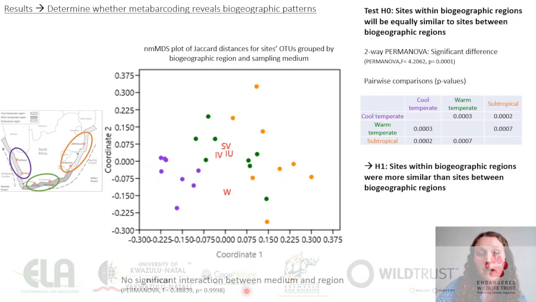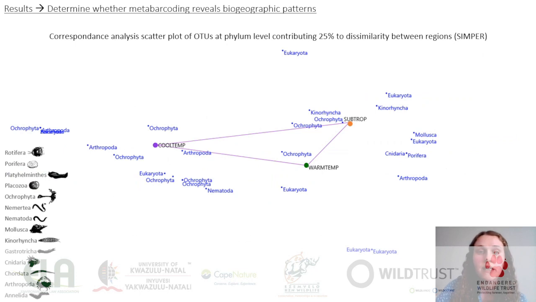Now once again we can ask, what are the OTUs or the taxa that are responsible for this biogeographic clustering? So here's another correspondence analysis scatter plot of the OTUs at phylum level, contributing to a quarter of the dissimilarity between the regions.